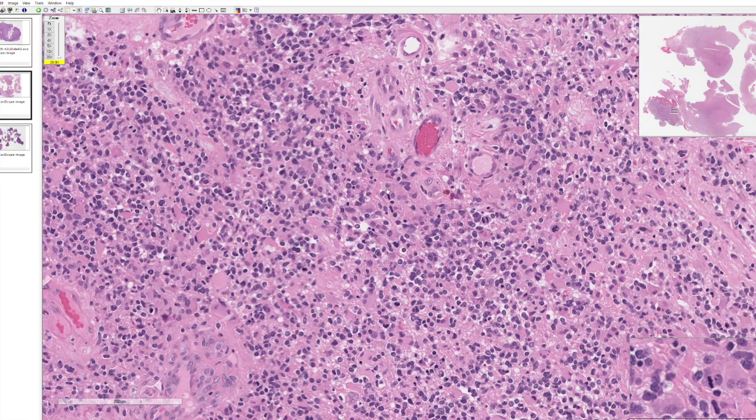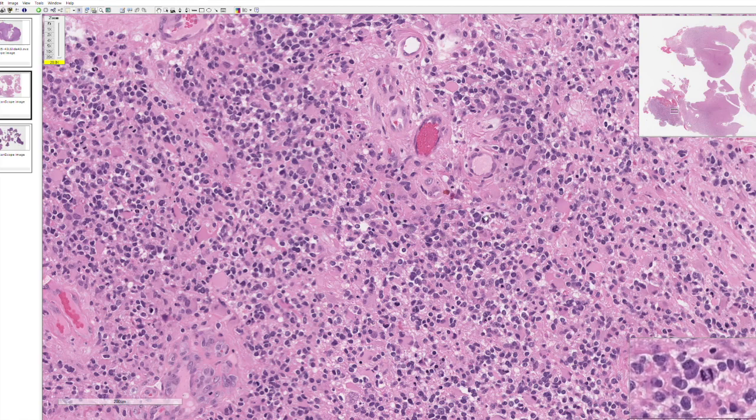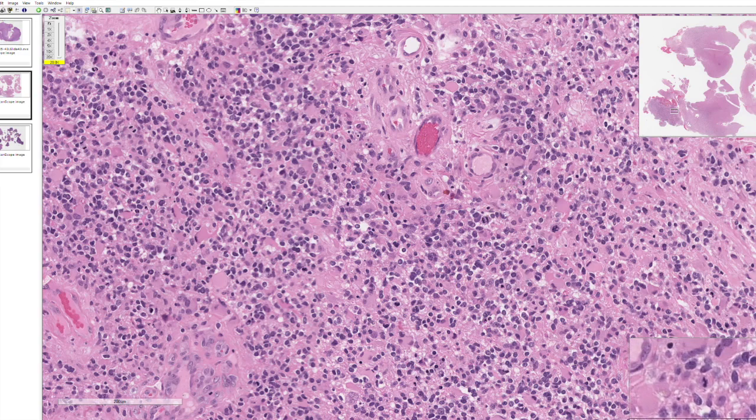You can see it in the bottom window, where we have cells in different aspects of the cell cycle. Here the chromosomes are aligned nicely in metaphase, and here they're splitting apart in anaphase. Oh, and here's another one here in metaphase, showing that this is a very highly proliferative cancer.